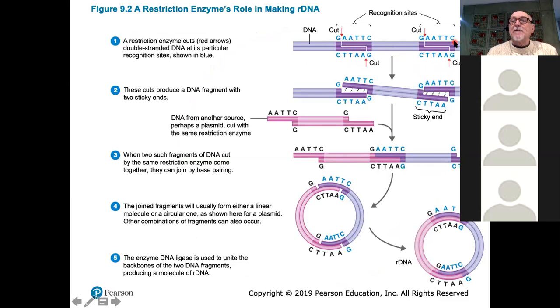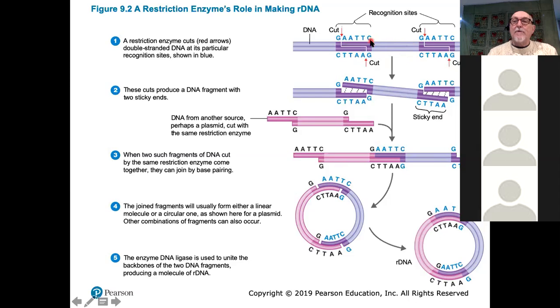Here's the native DNA. We are interested in this gene here. Let's say we want to insert that gene into a plasmid like pUC19. Here we cut with a restriction enzyme, and it cuts here. You'll notice the sequence GAATTC, and on the other side GAATTC.